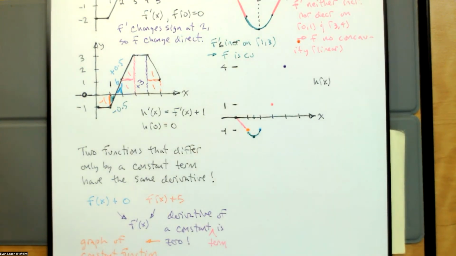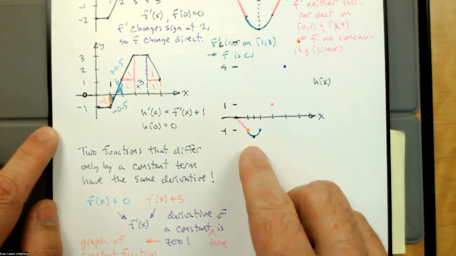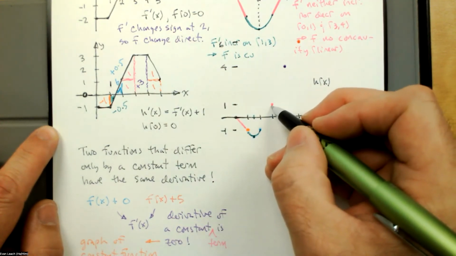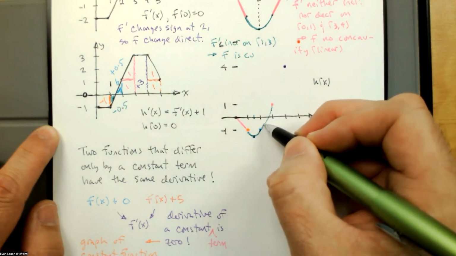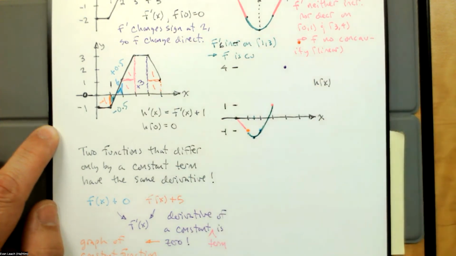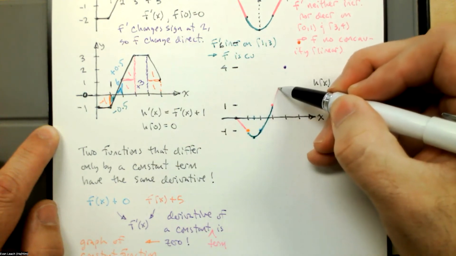Notice that our concavity isn't changing though. Our intervals of increase and decrease didn't change on the derivative, so our concavity is still the same. So I still want to be concave up from 1 to 3. I'm still going to be linear from 3 to 4.